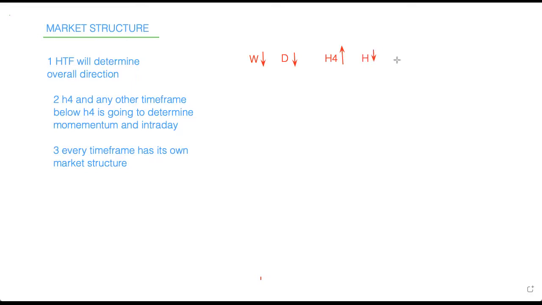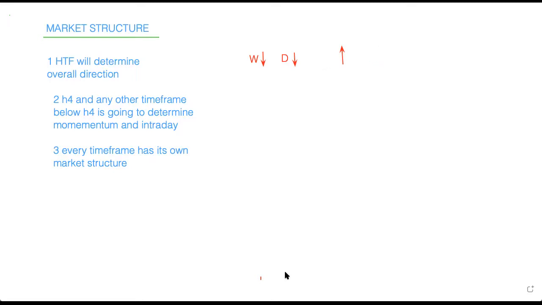Right? Generally, a scenario that we are looking forward to achieve is for at least maybe weekly and daily to sell, and H4 and H1 to buy. Why are we looking forward to see this?